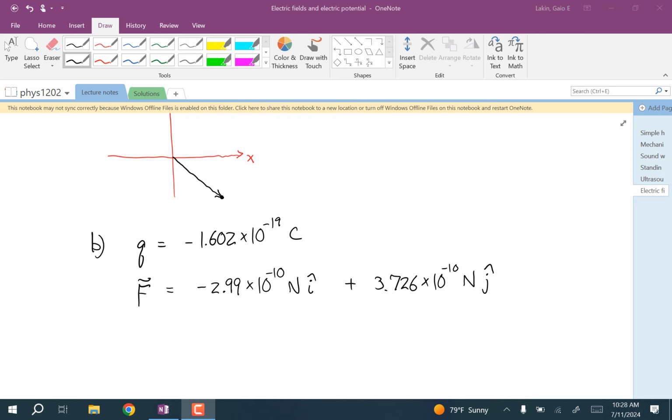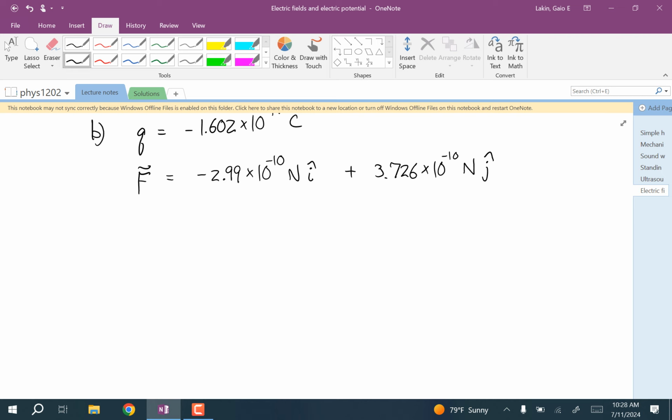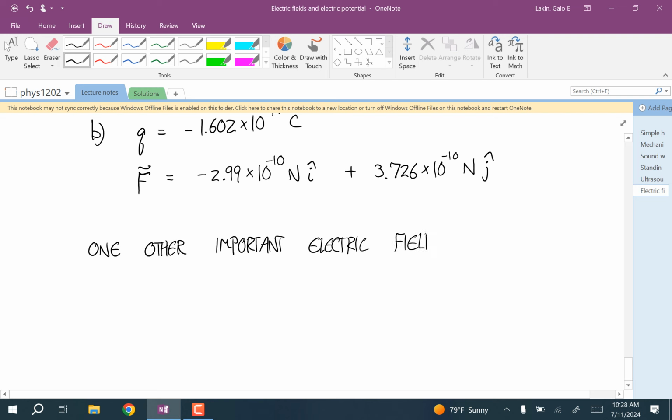There is one other type of electric field that you'll have to deal with, but that calculation is trivial. So one other important type of electric field, and that is charged parallel plates.